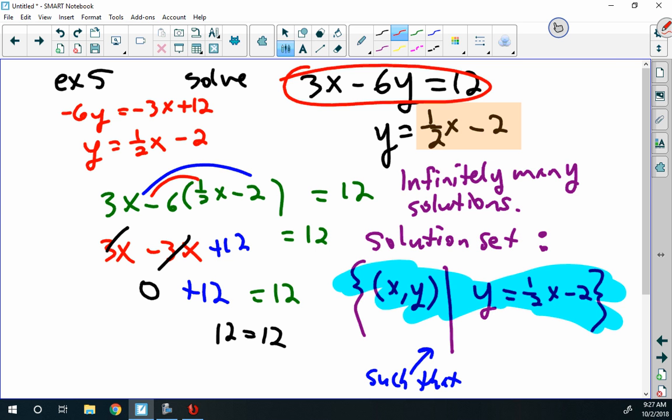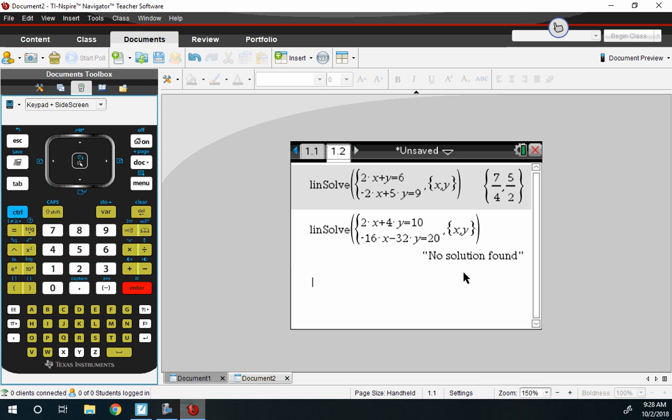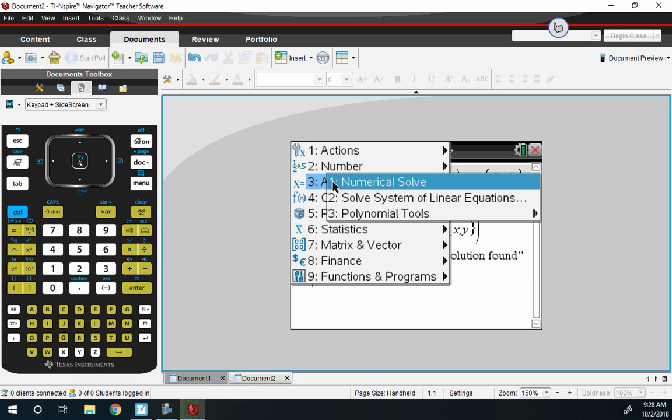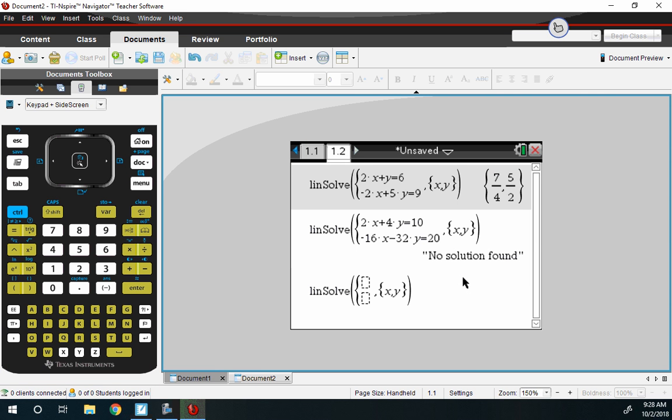Here's what you got to watch out for. If you use this TI-Nspire, there's going to be some times where it's not going to tell you that there's infinitely many answers. Watch what it tells you.